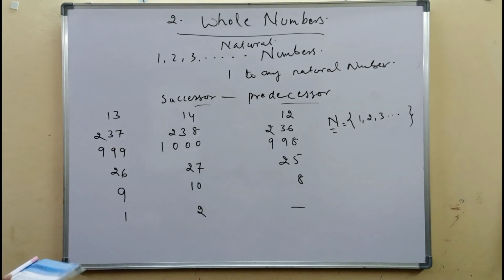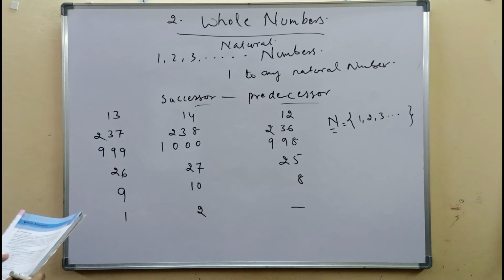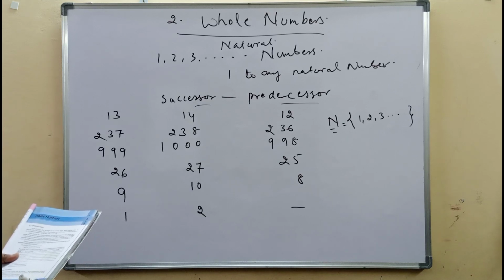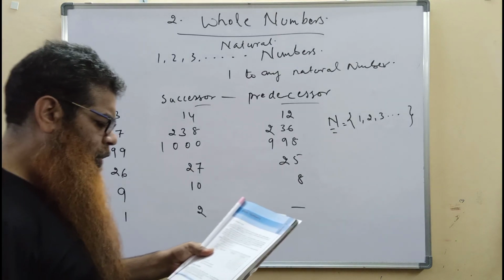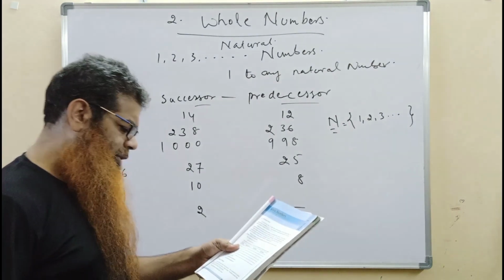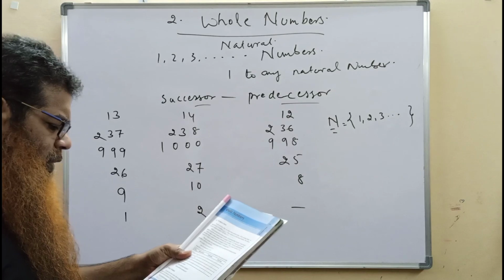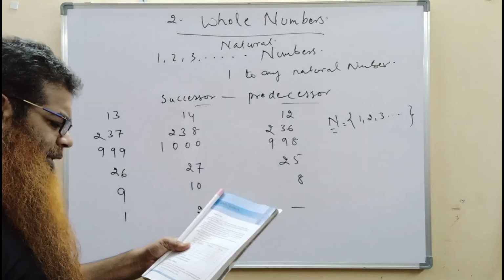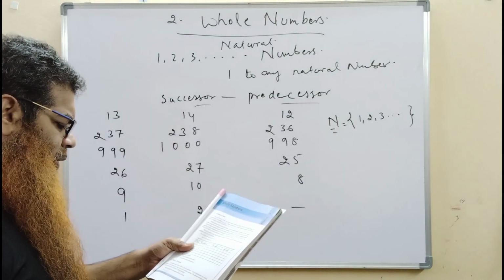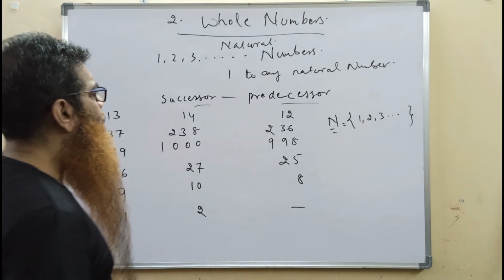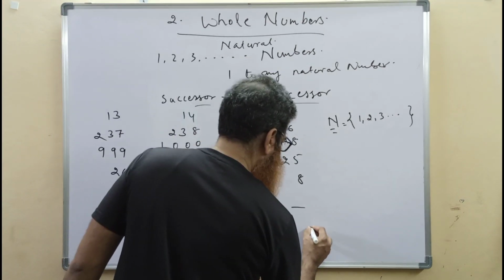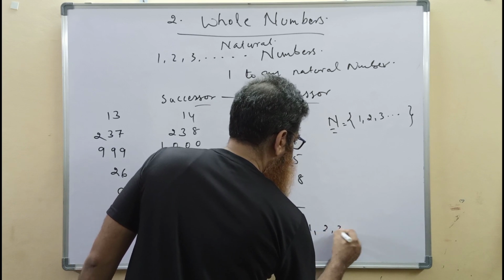Now the next topic, the topic of our chapter, in fact, whole numbers. 2.2 topic on page number 15, whole numbers. You might have come to know that the number 1 has no predecessor in natural numbers. We include 0 in the collection of natural numbers.